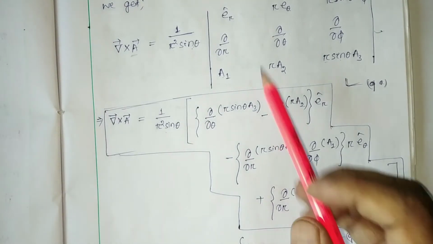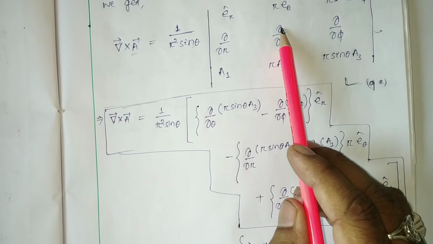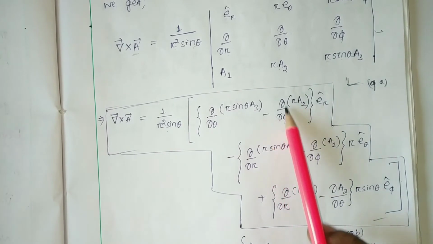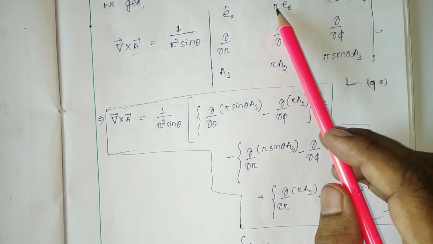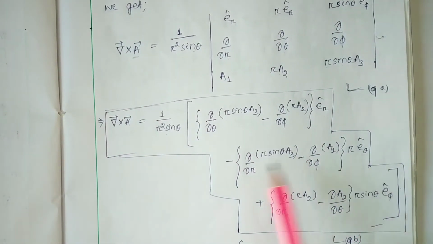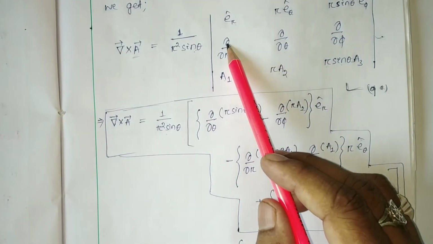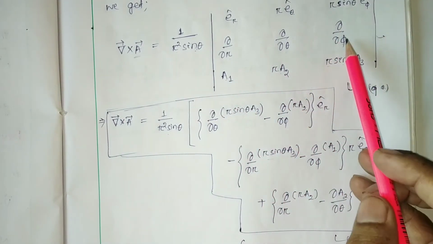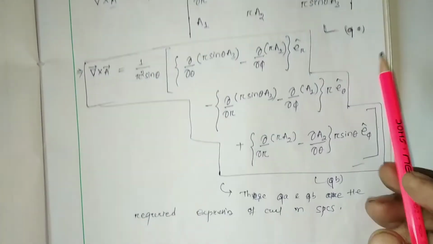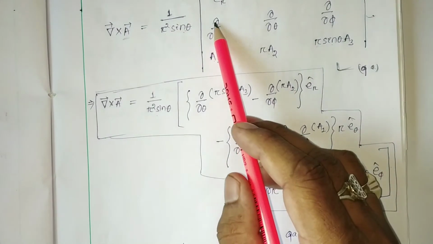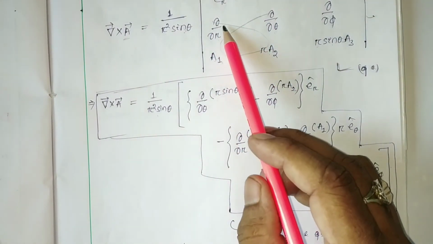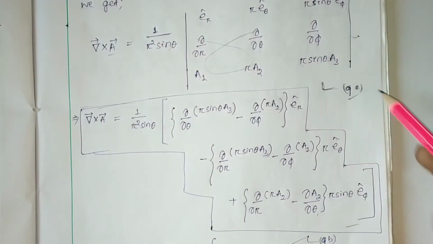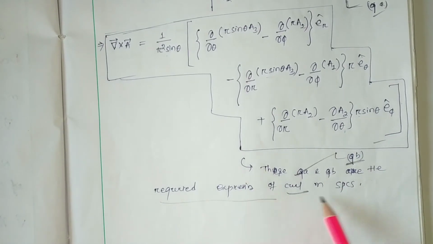Here you can see er cap times del by del theta of r sin theta a3 minus del by del phi of r a2, minus r e theta cap times del by del r of r sin theta a3 minus del by del phi of a1, plus r sin theta e phi cap times del by del r of r a2 minus del by del theta of a1. So 9a and 9b are both the required expressions of curl in SPCS.